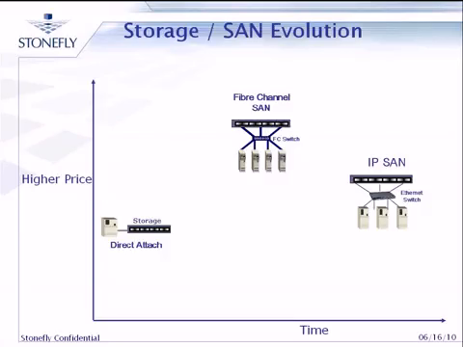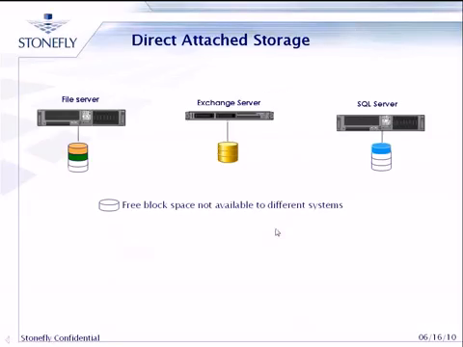After that, IP SAN started. It is also a SAN, but rather than using a Fibre Channel structure, it uses an Ethernet structure. And this chart shows the time, and on the left axis, the relation to the pricing.